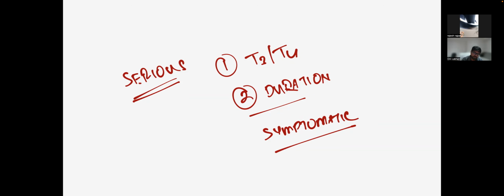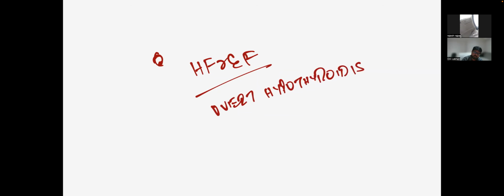Also, a very important nuance you need to understand is that in long-standing thyroid dysfunction, you can have some cardiac abnormalities. In some of these cases, you can have features of heart failure with reduced ejection fraction. In fact, a very important and potentially treatable cause of heart failure is overt hypothyroidism.